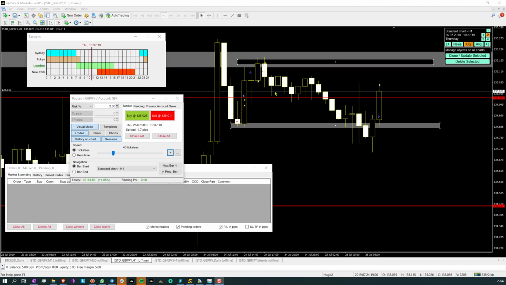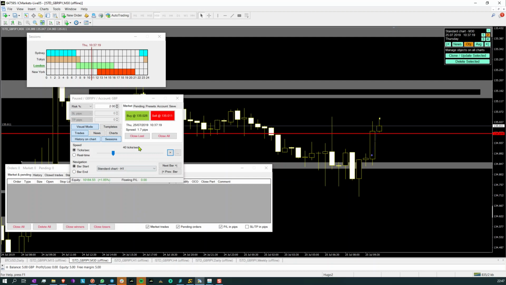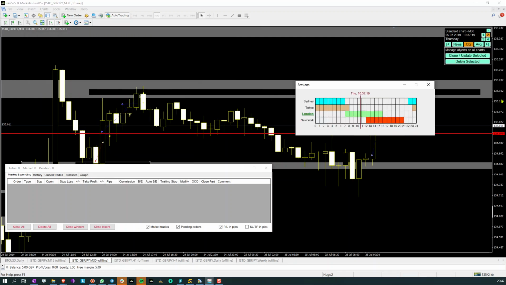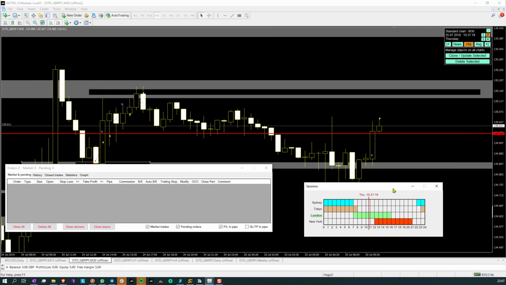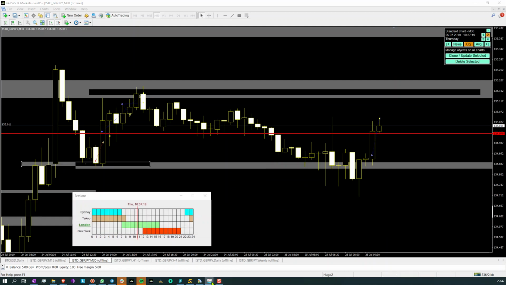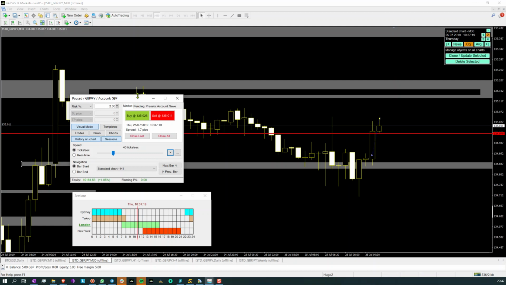Okay, and now we are heading into a trouble zone in here. So let's see how this plays. Yeah, we are still, as you can see by the schedule, we still have room for a trade today. So let's see.